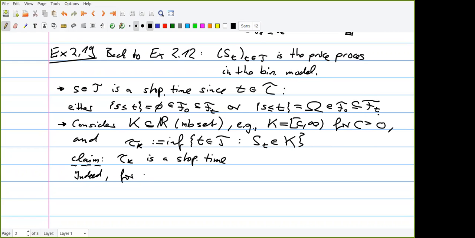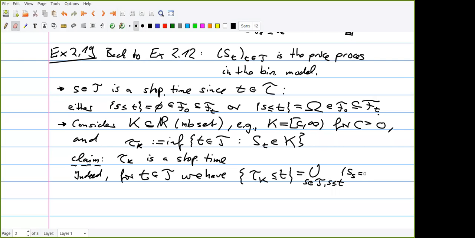So let's check the property of the stopping time. If we take now t in the index set, what do we have here? tau_K being less than or equal to t is just equal to the union of S_s intersected with, well, S has to be less than t, S is in K. And now this is an adapted process, so this is in F_s.